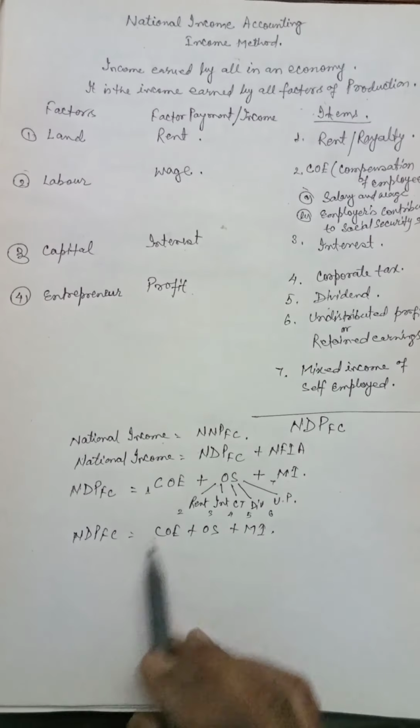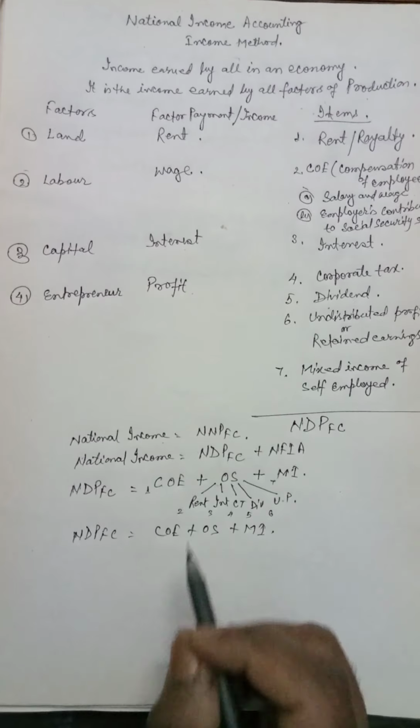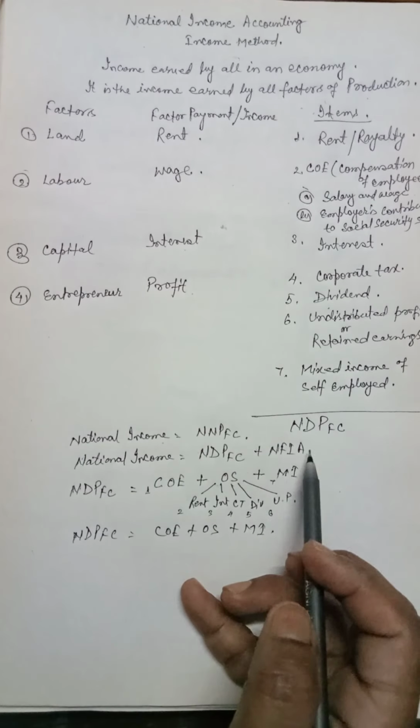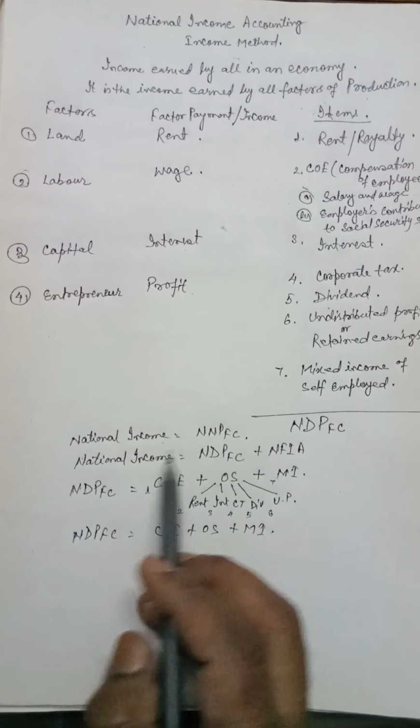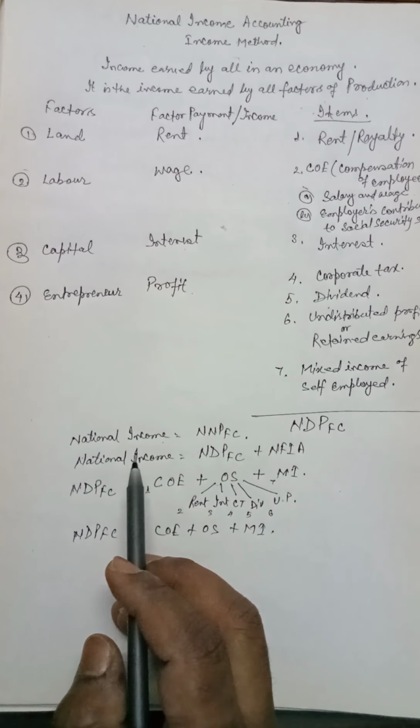By this way we can calculate the NDPFC, and by adding NFIA to NDPFC we get NNPFC, that is the identity of national income.